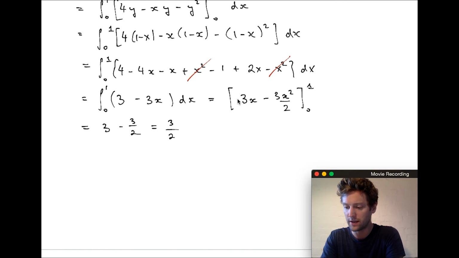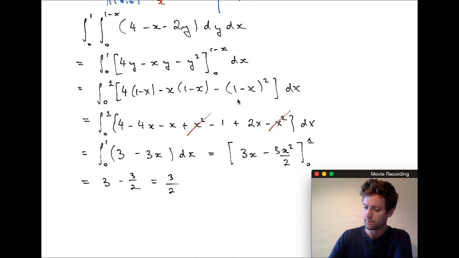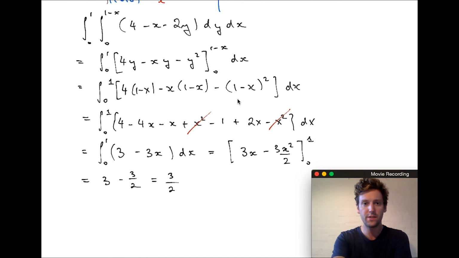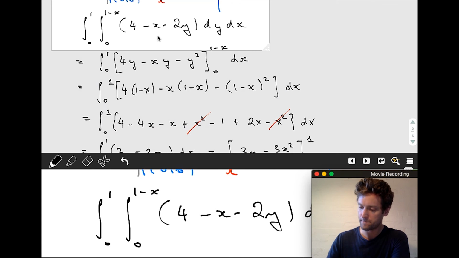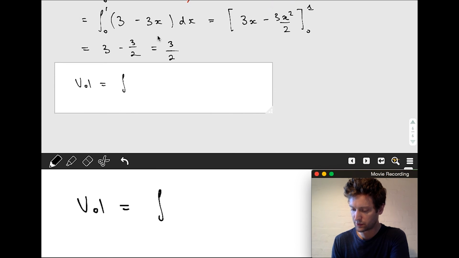So let's take a look again at our integral. And we see here that we've got the integral over a region of integration, some function dy dx. But remember that a volume integral is described as follows.